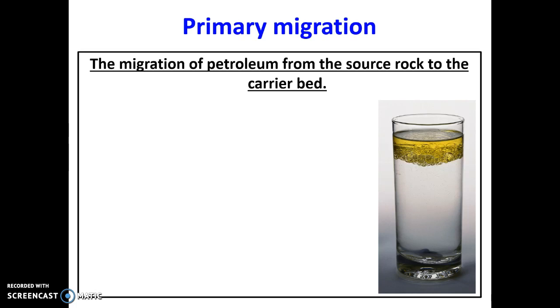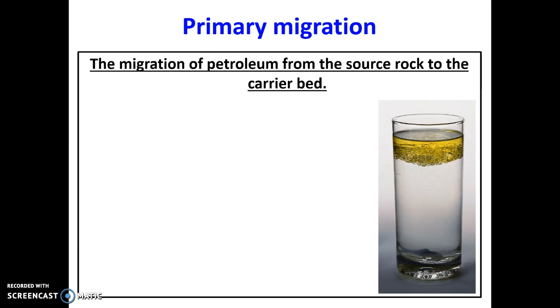This pressure will create microcracks in the rock itself. Once the microcracks are generated, the petroleum globules will come out.